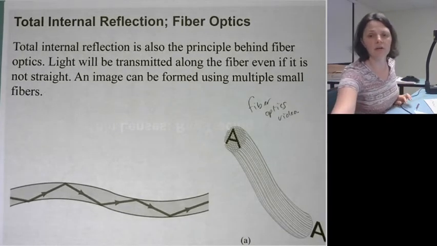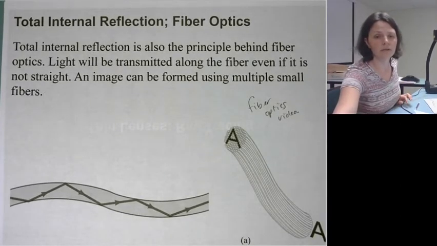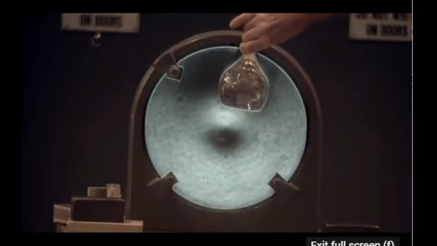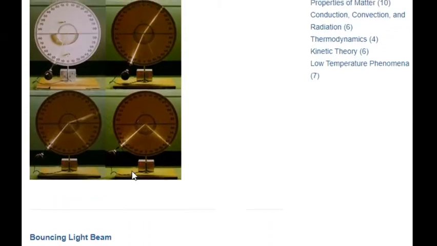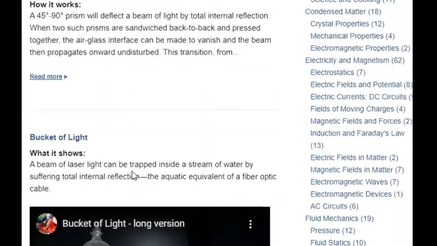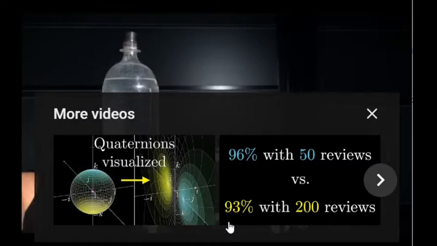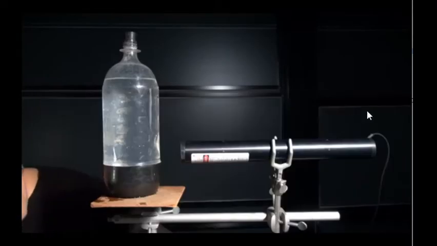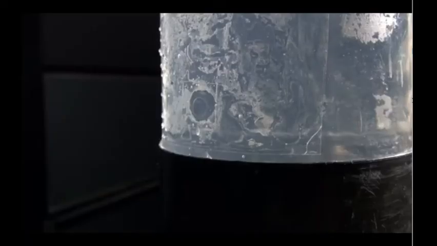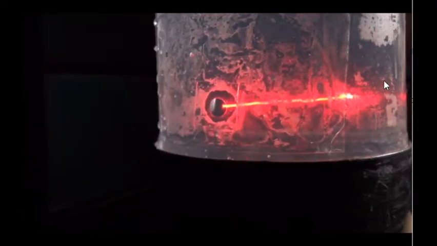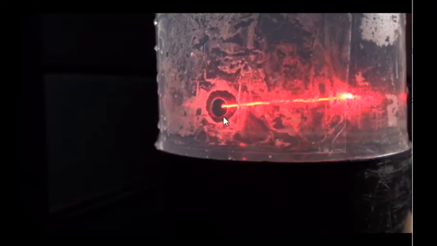And I have a video of this up here. So this man has set up a laser beam that is traveling through a bucket of water. And this is a hole poked in the tube.